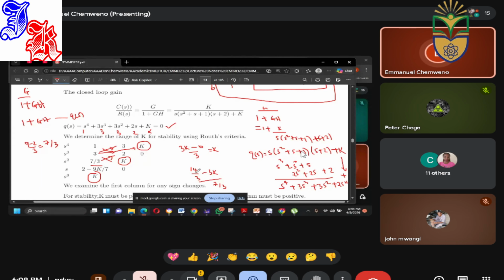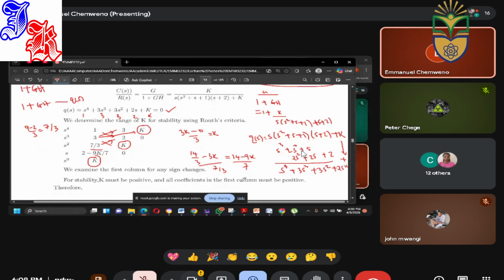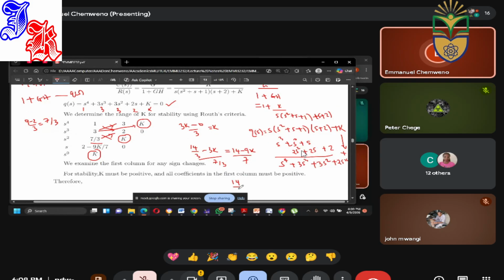You multiply by 3, it becomes 14 minus 9K over 7, which is 14 over 7 minus 9 over 7 K, which is equal to 2 minus 9 over 7 K. And finally, if I multiply this minus 0 over this, I get K.